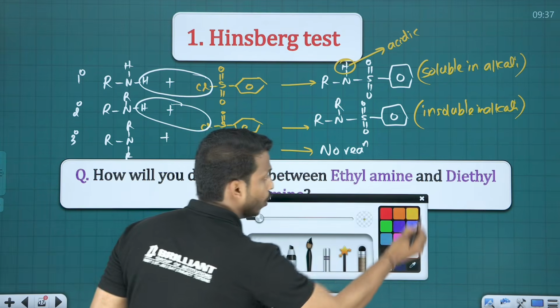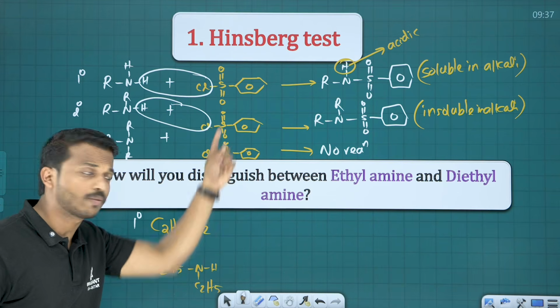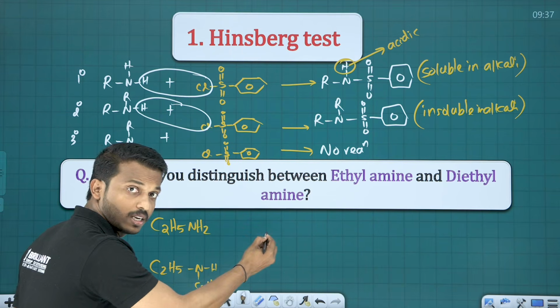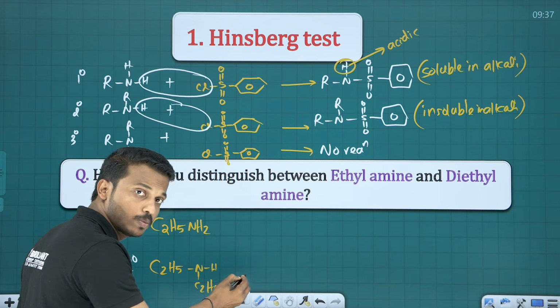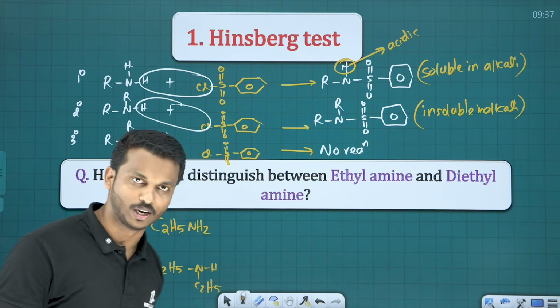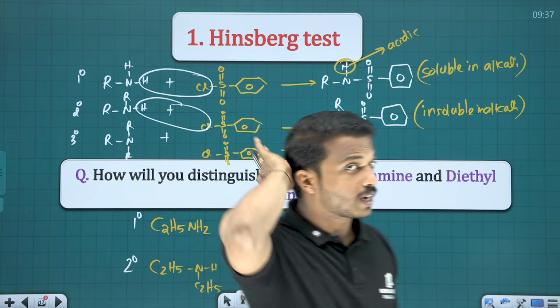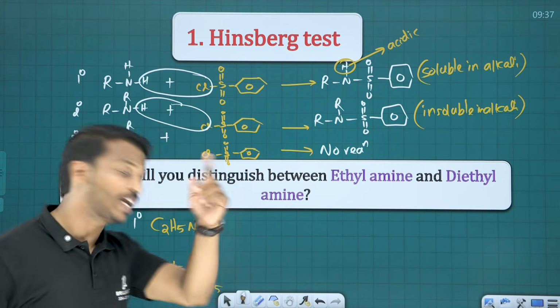One is a primary amine, the other a secondary amine. Same way react with Hinsberg, you get a product here which is soluble in alkali, and this also reacts with the Hinsberg, you get a product which is insoluble in alkali. That is the observation. So what is the purpose of the Hinsberg test here? To distinguish between primary, secondary and tertiary amine.